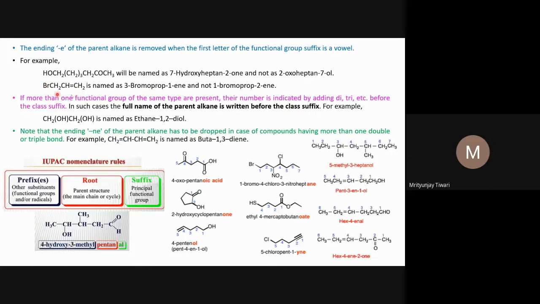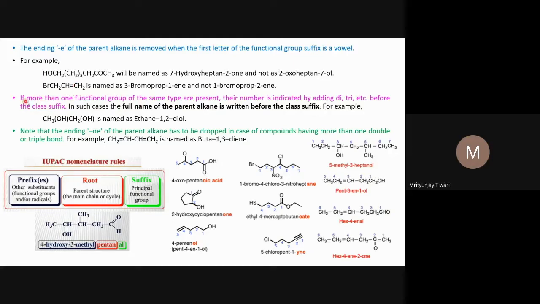If you start numbering from the other side, the double bond will get the second position, and that numbering would be wrong because the double bond should get preference in the numbering. So numbering will start from this carbon atom, and thus it becomes 3-bromoprop-1-ene.